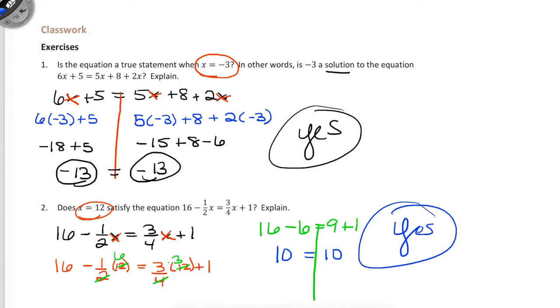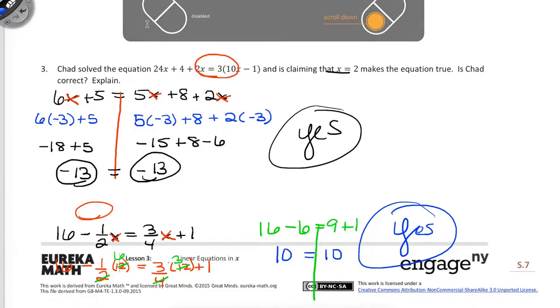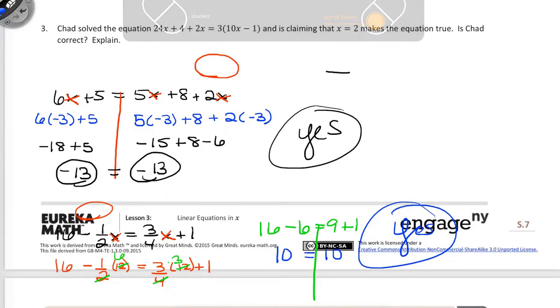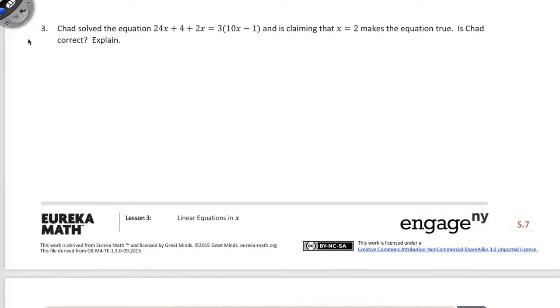All right, let's go ahead and go to the next one. Number 3. Chad solved the following equation, and he says that x equals 2 is a true solution. So let's check his work. So we're going to say 24x plus 4 plus 2x equals 3 times 10x minus 1.